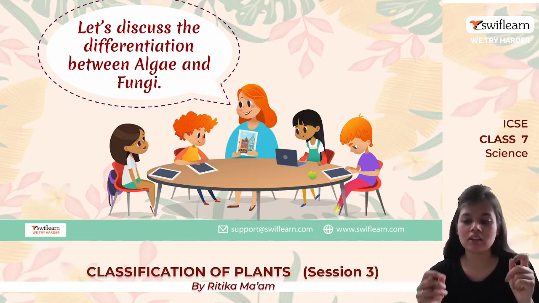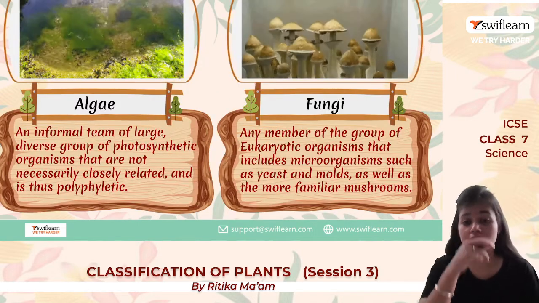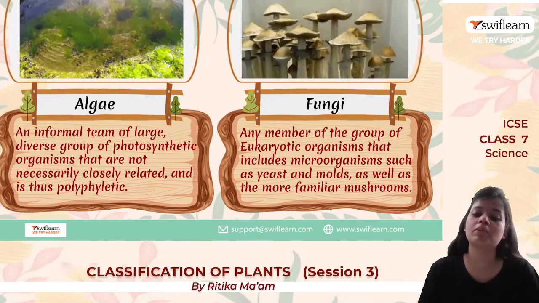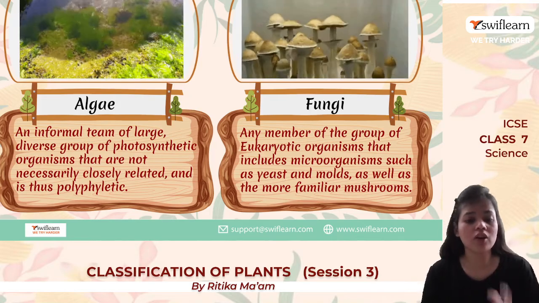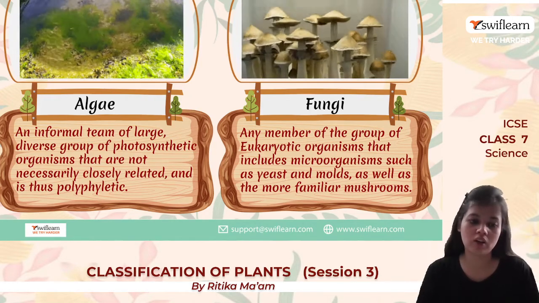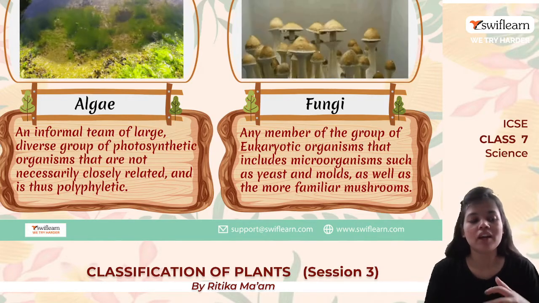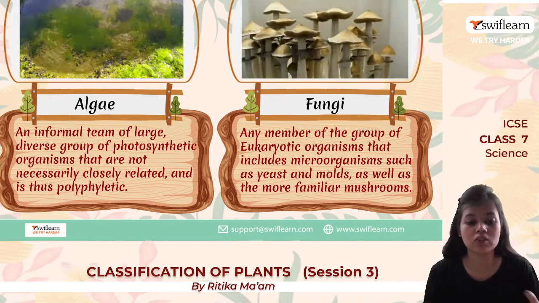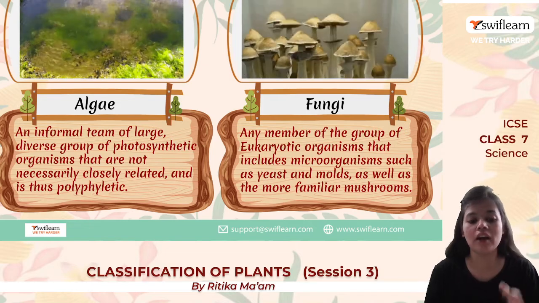Now there is a bit of difference between algae and fungi, and we cannot compare both of them. So let us see the basic difference between algae and fungi. Talking about algae, these are large groups of photosynthetic organisms. They are not necessarily closely related, and thus they are polyphyletic.